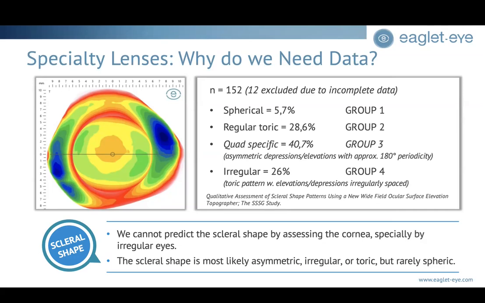And you can see this is a figure from the SSSG study group, which is a group that has published several different articles looking at the shape of the eye. We found that quadrant specific covers about 40.7% of patients, but irregular corneal shape and scleral shape also has a very large presence.